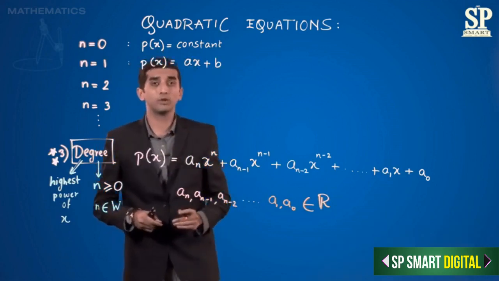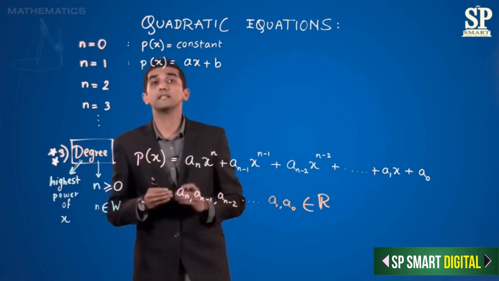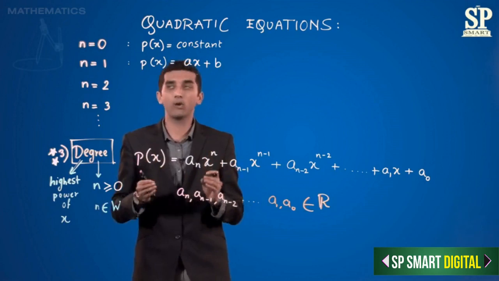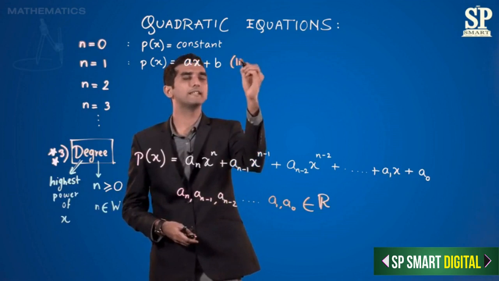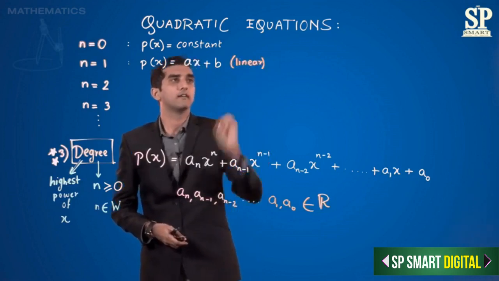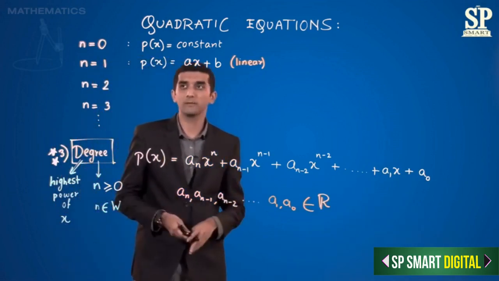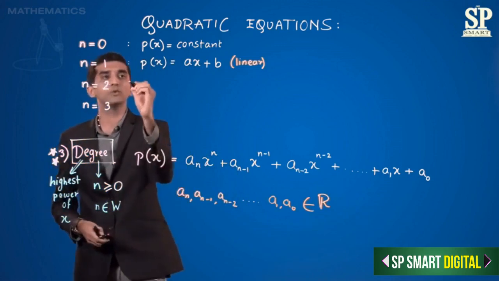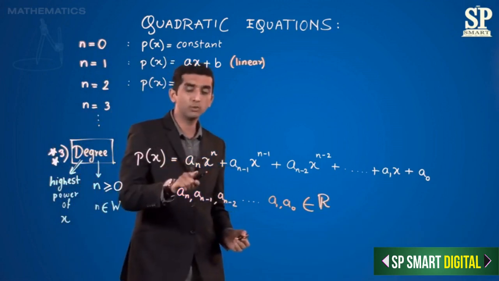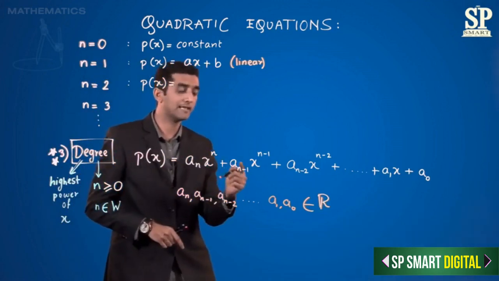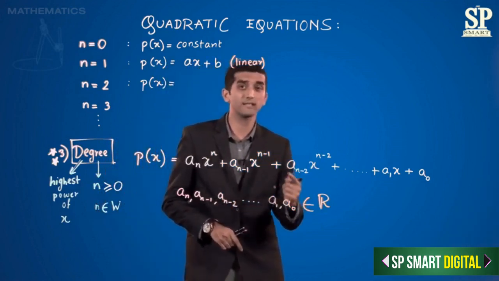So this is the polynomial of degree 0, called the zero polynomial. This polynomial is the linear polynomial of degree 1. So we will say degree 1 and we call this a linear polynomial. Now further, the next value of n is 2, which is the whole agenda of this chapter. When n is equal to 2, this polynomial is going to look like this: a2 x square plus a1 x raised to 1 plus a0 x raised to 0, so basically the constant term.